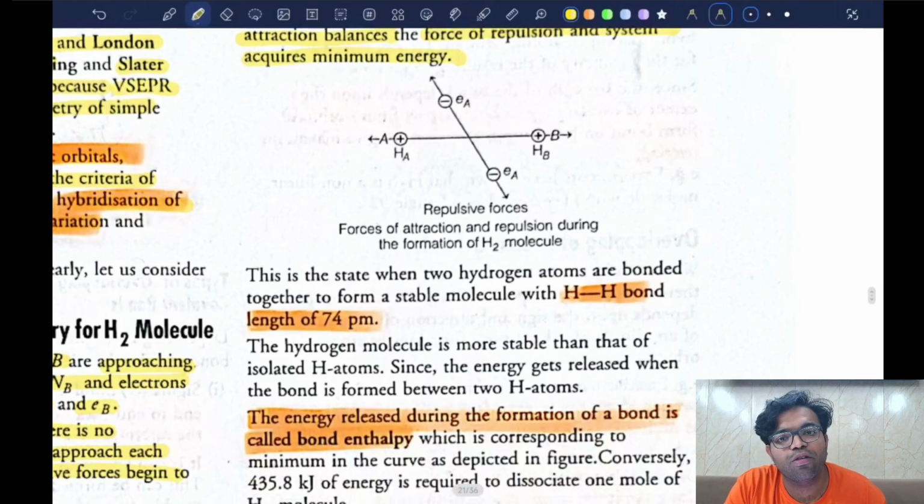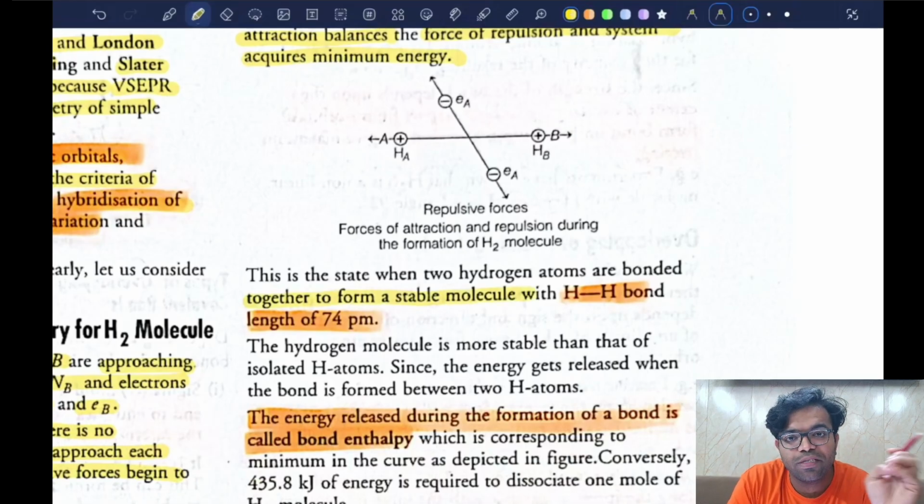Both of them are going to balance each other out at a particular distance. This is the state when the hydrogen atoms are bonded together to form a stable molecule. When the attractive and repulsive forces balance each other out, you get bond formation. Bond formation finally becomes complete.